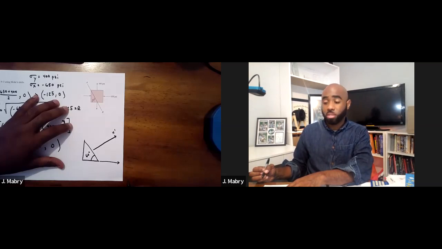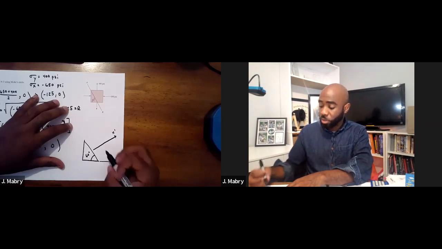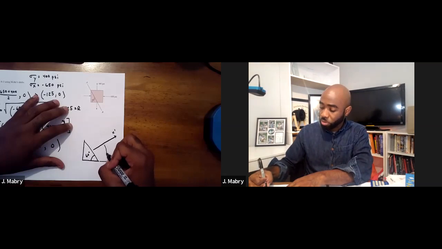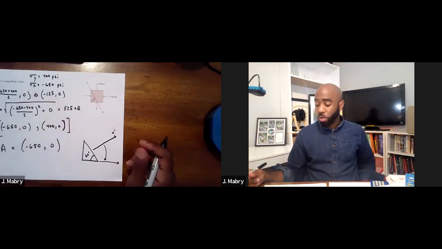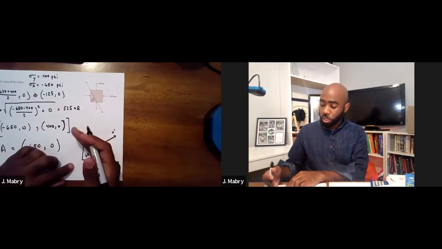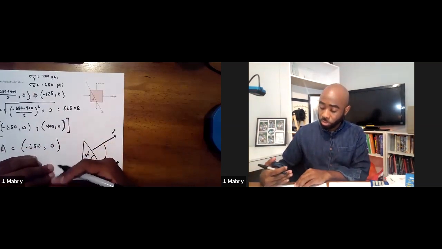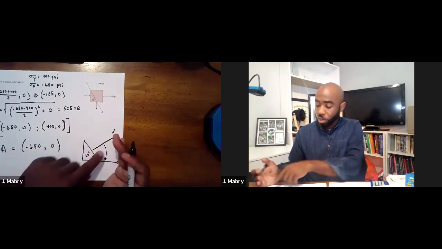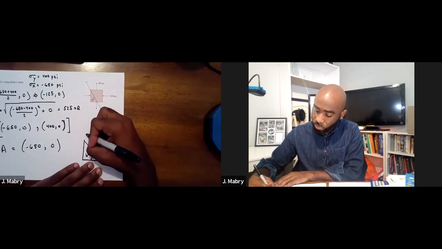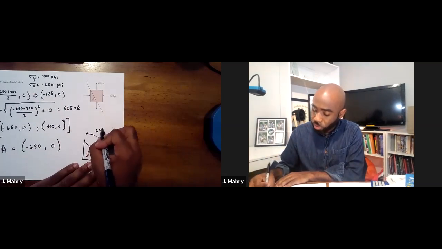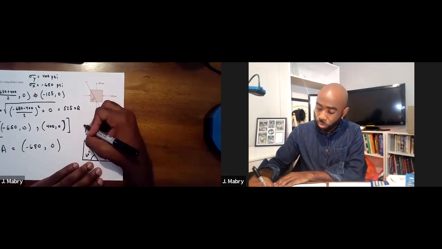And so we have to ask ourselves the question, what is this angle? What is the distance from the original x-axis? Well, if you know geometry, if you were to rotate it down 60 degrees, you would know that this side is 60 degrees before it gets to vertical.